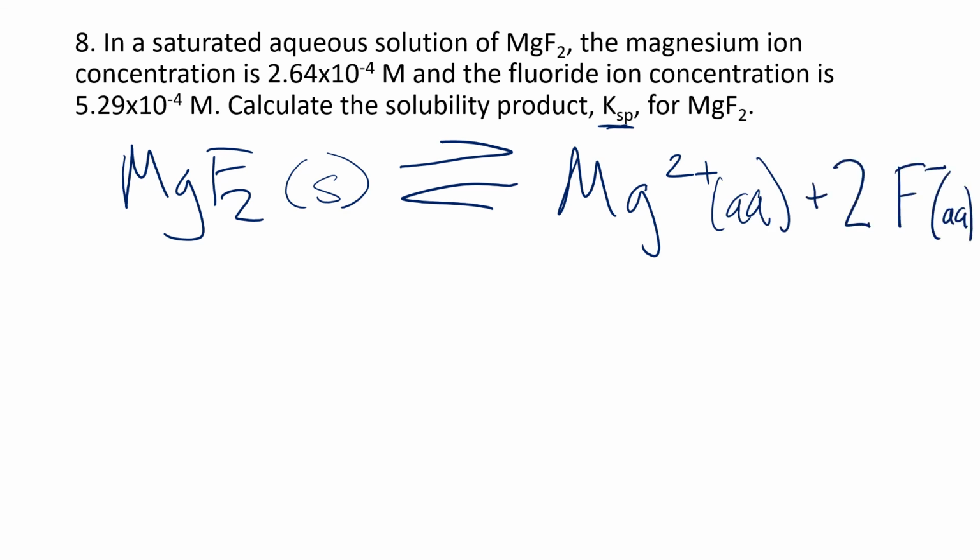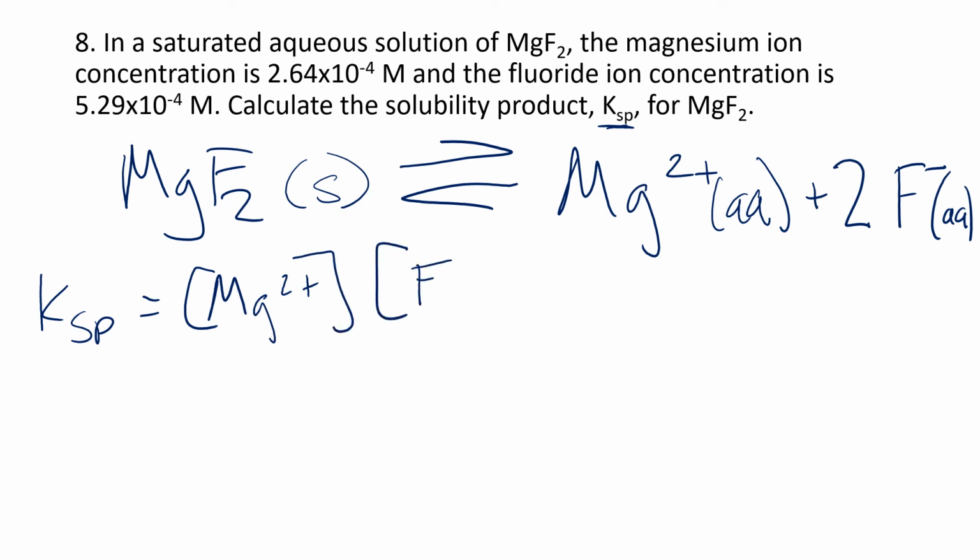So if I'm going to set up my Ksp expression, it's just going to be the concentration of Mg2 plus times the concentration of F minus squared. And they were nice enough to give us those values at equilibrium, so we can just plug in those values and calculate the Ksp.